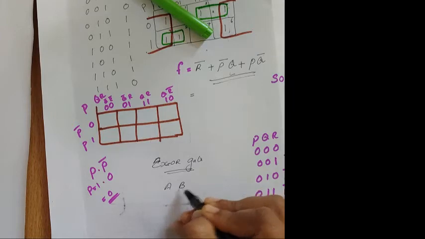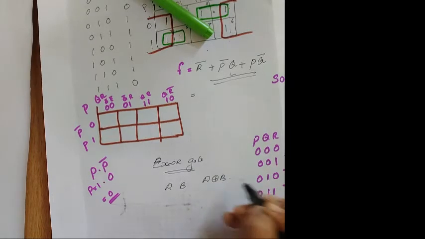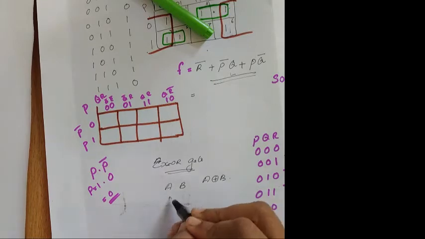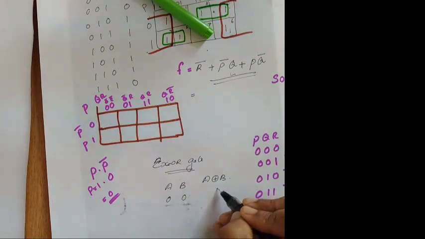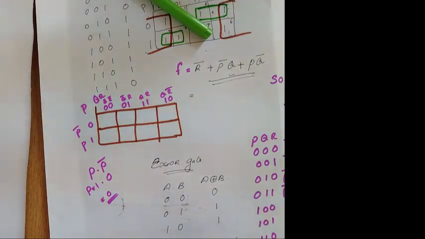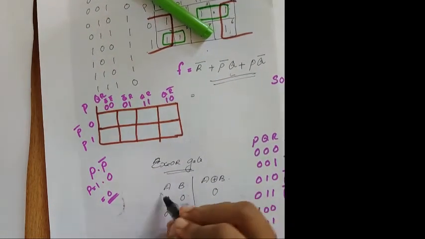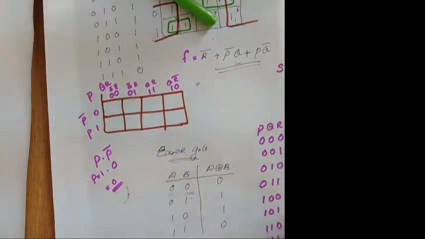So variable A, B and function A XOR B. What happens? If you are getting the same variable, output will be 0, and if the variables are different, 0, 1 will get 1, 1 0, that is also 1, 1 1, you will get 0. This is the expression for XOR gate.